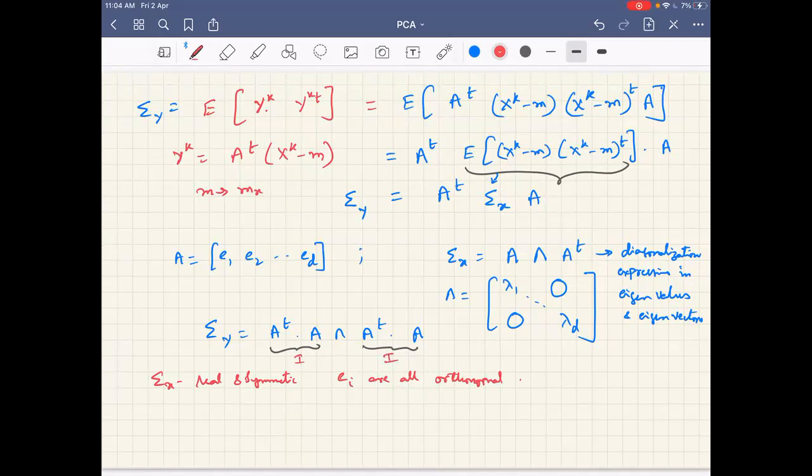And hence sigma y is equal to just lambda, that is, lambda 1 to lambda d.